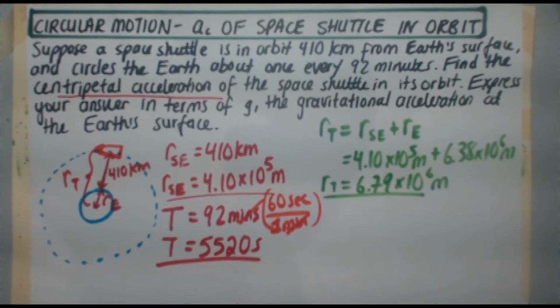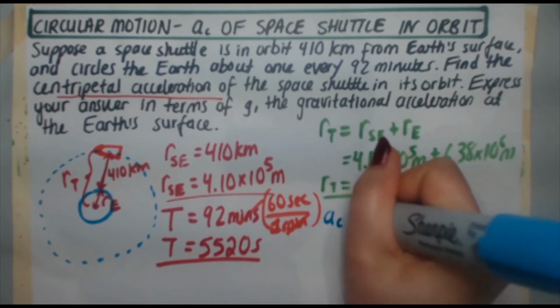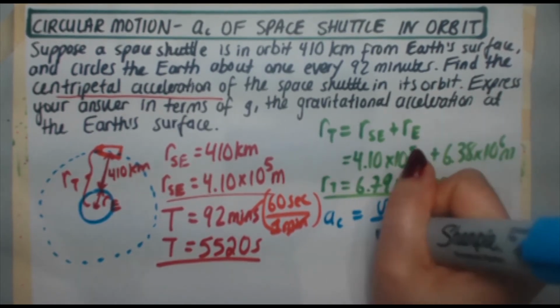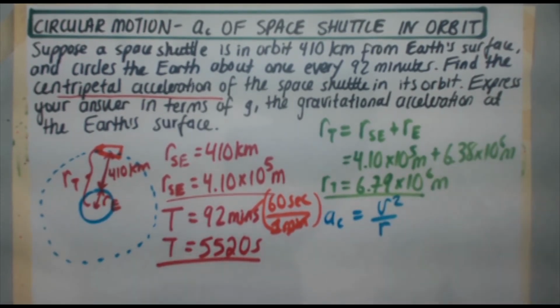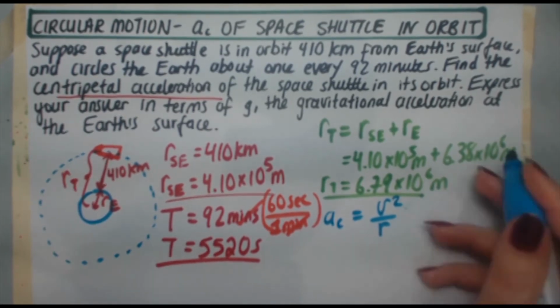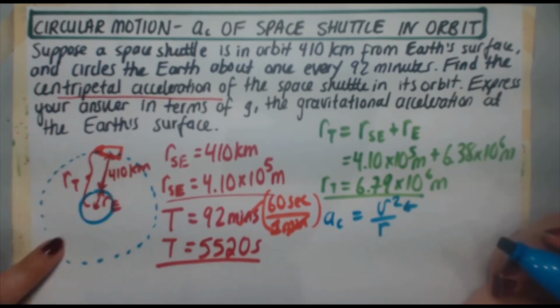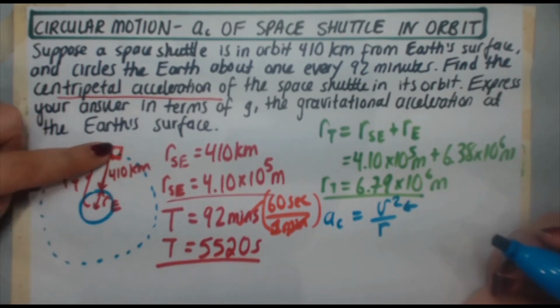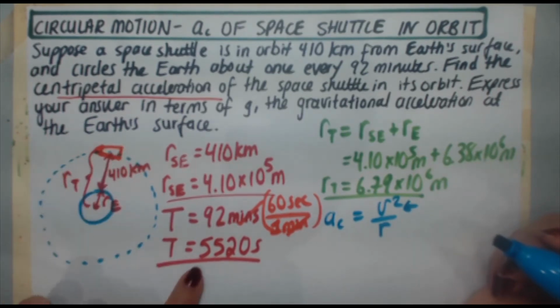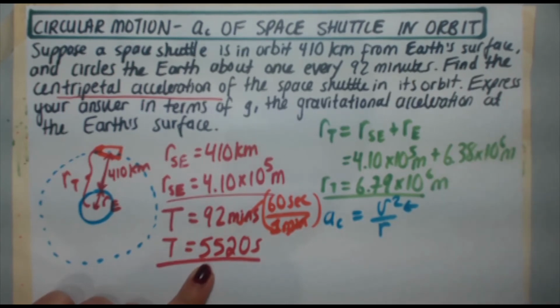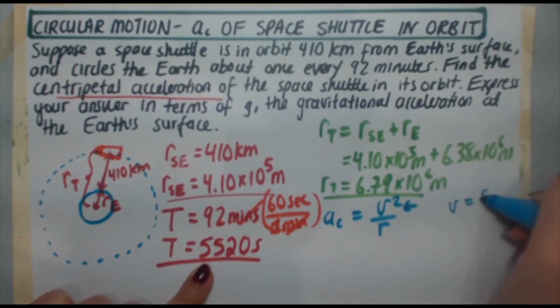Next, the question is asking us to find the centripetal acceleration. That's a_c equals v squared over r. The only thing we're missing from this equation is the v. Let's find the speed. Think about the problem logically. This space shuttle is traveling a circular distance within this many seconds. If you want to find speed, speed is just distance over time.